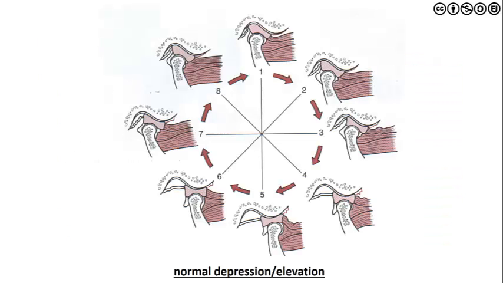So if we see kind of all these phases together, here in image 1, we have the condyle really sitting within the fossa. The disc is in its place. This is normal depression and elevation. We move kind of clockwise all the way around. You can see the disc adopt more of that anterior position, and then it goes right back to where it was.